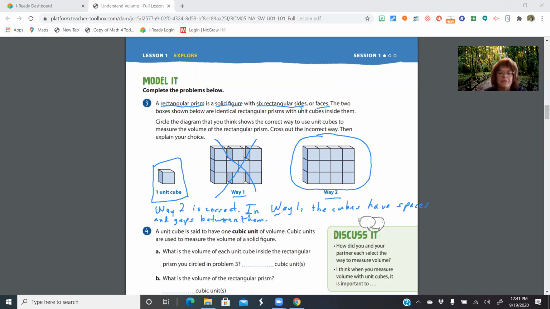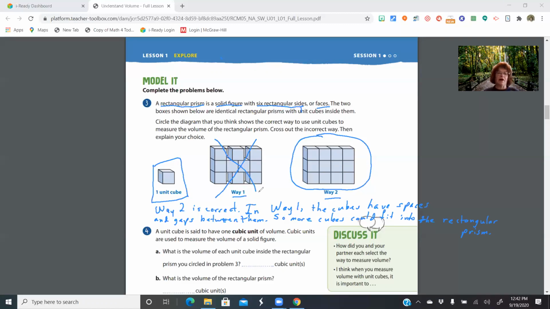So more cubes could fit into, I'm going to run out of space, but I'm going to go ahead and keep writing it, the rectangular prism.